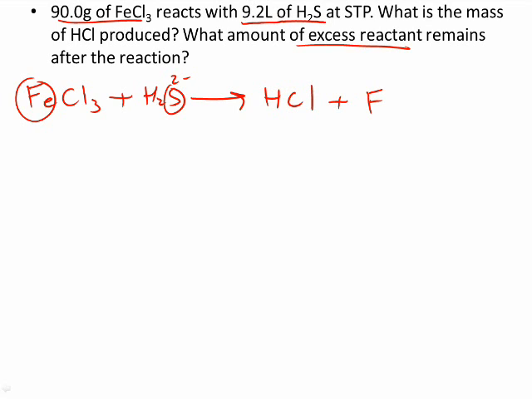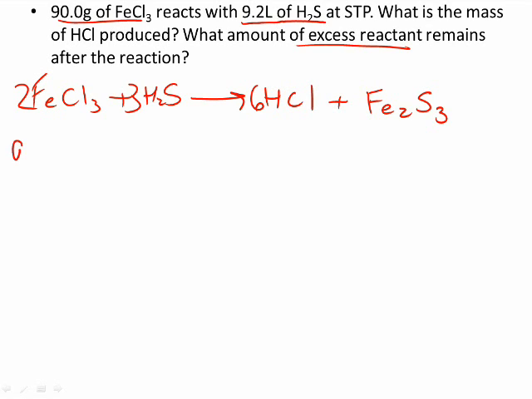This iron must be 3 plus since this was a 1 minus. So that was iron 3. So that must be Fe2S3. And then we need to balance that. That looks balanced. All right, now let's begin.